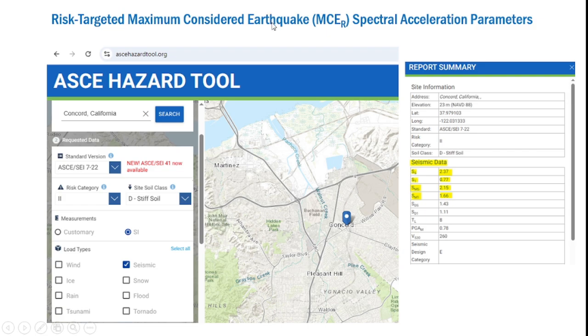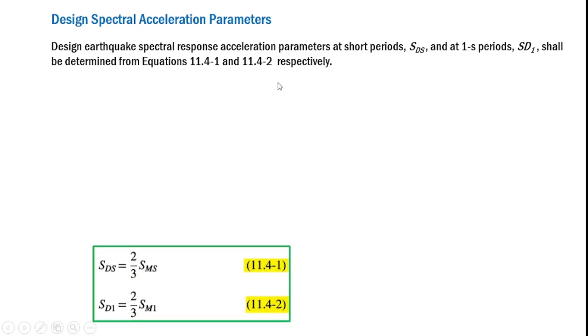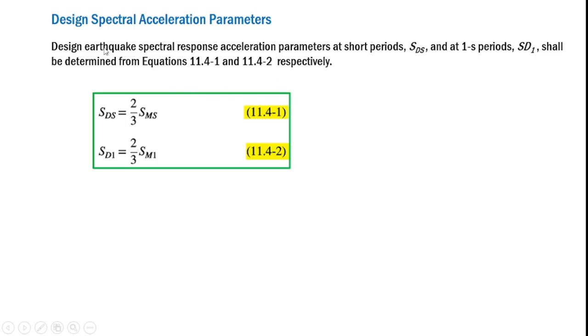Now, having obtained the risk targeted MCER spectral acceleration values, we need to get into the design spectral acceleration parameters. Equations 11.4-1 and 11.4-2 of ASCE 7-22 provide how to obtain the design earthquake response spectral values from the risk targeted values.